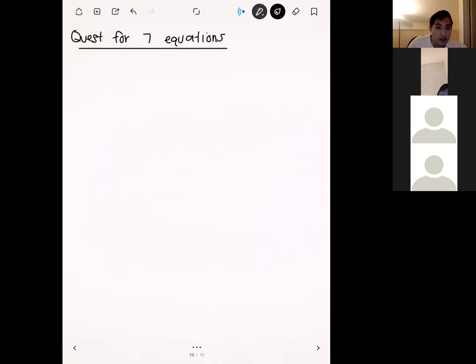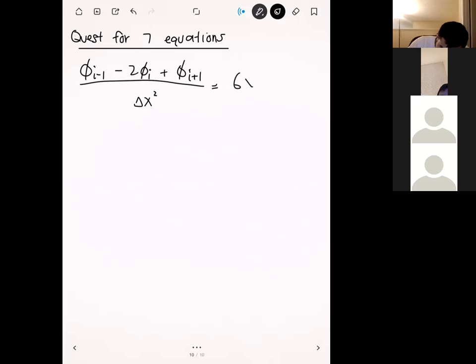And so just as a matter of completeness, let me go ahead and write down the finite difference equation, right? And so our finite difference equation looks like this. Okay.